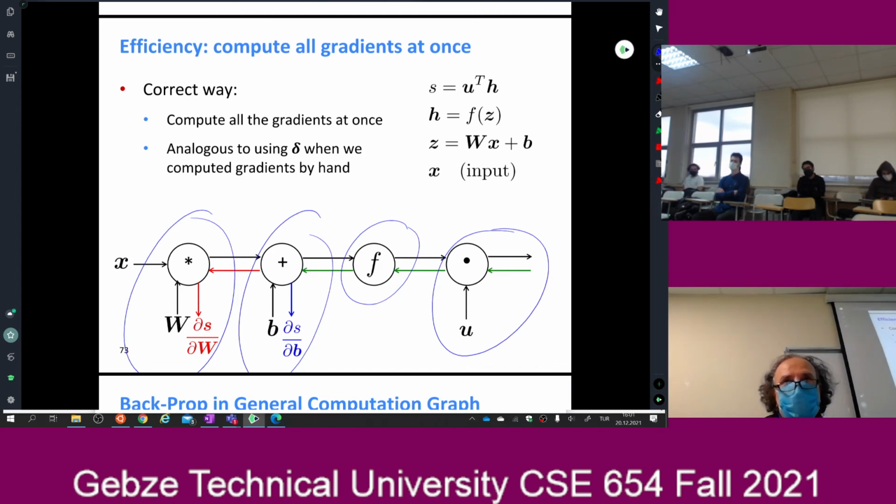Question, don't we back propagate to u? The first one, the one to the right. Yeah, don't we back propagate to it? Yes, I take the derivative of s with respect to u. That was a simple case.